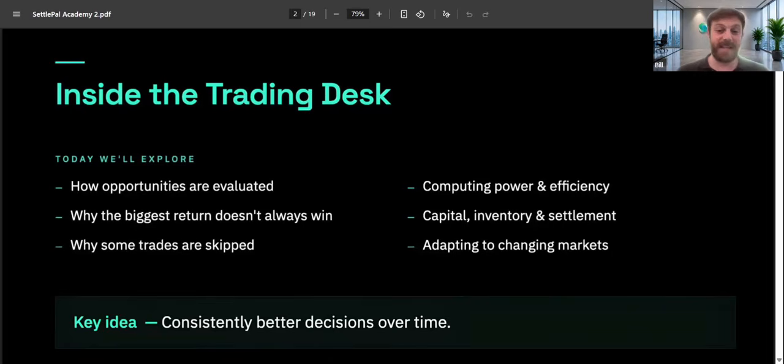So the key lesson for today is very simple. Successful trading is not about one perfect decision. It's actually about making consistently better decisions over time. So grab a drink, get comfortable, and let's step inside the SettlePal trading desk.